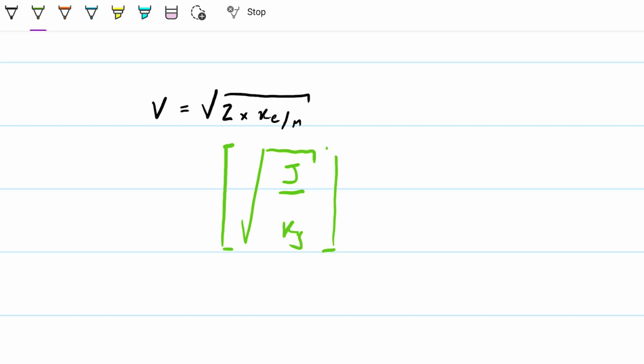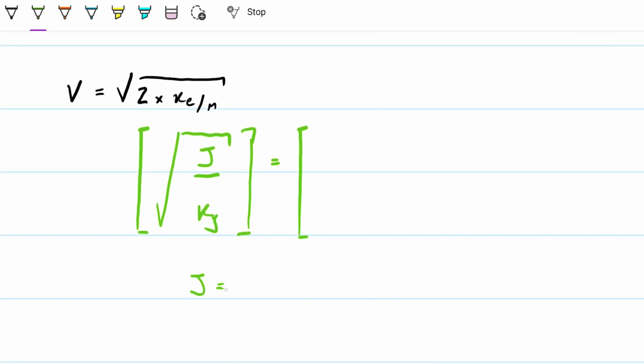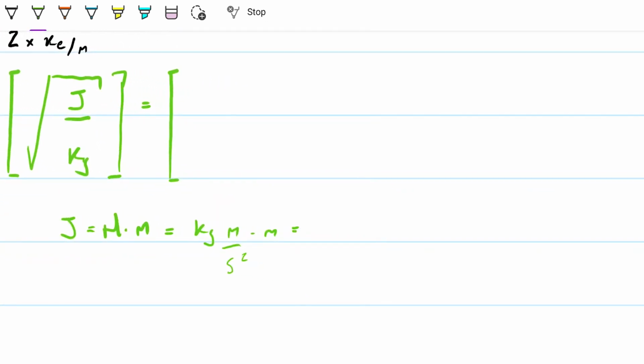So at first glance, this is never going to render meters per second. But, and this is super interesting, we know that a joule is a Newton times meter. We know that a Newton, because of Newton's second law, is just mass times acceleration. So mass is kilograms, acceleration is meters per second squared, multiplying by the other meter there. So this really is kilograms times meters squared per second squared.